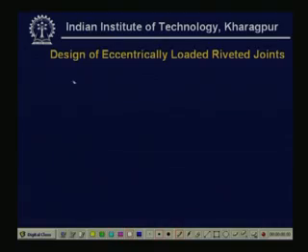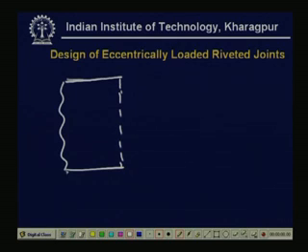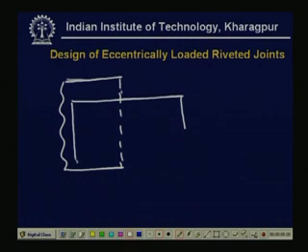Now, let us consider a riveted joint. Let us take, this is the structure, and we have a riveted joint. This is the joint, and then there are a few rivets.